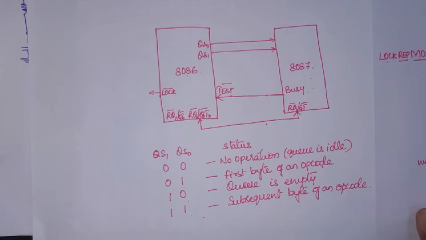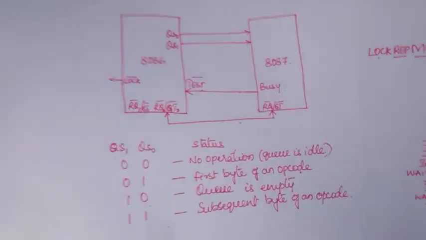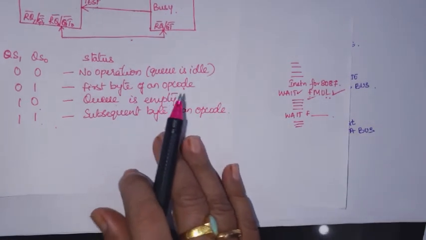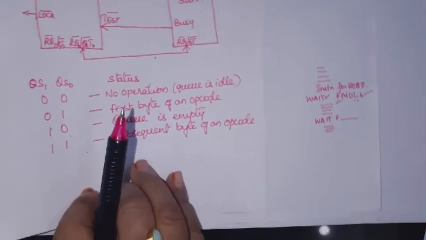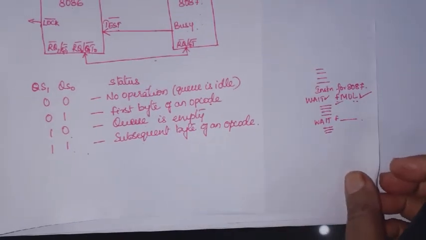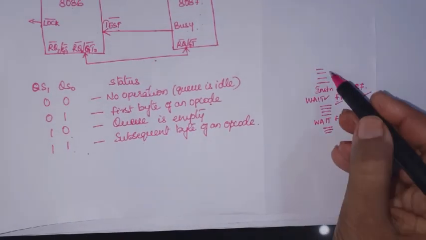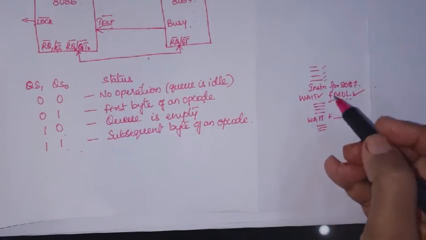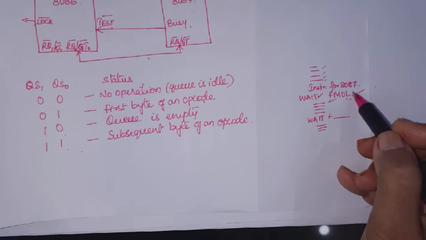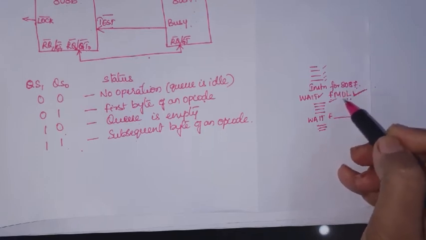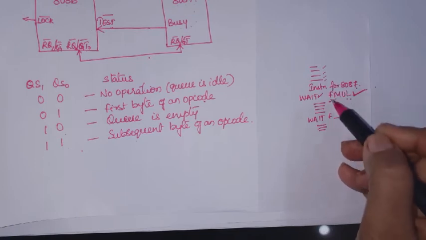Okay, so how and when it is used, let me explain. When you have both the processors in the system and you write the program, you write the instructions of both the processors. Let us suppose these are the instructions of the 8086 processor, and you are including an 8087 mathematical instruction in the program.